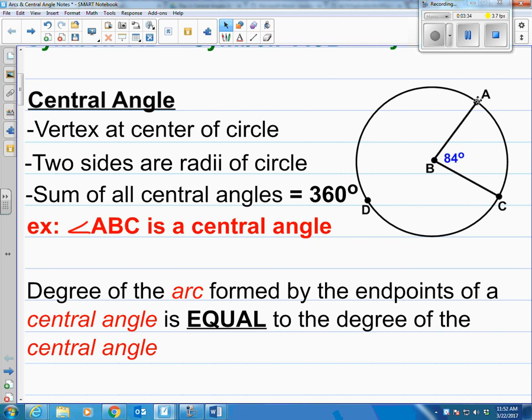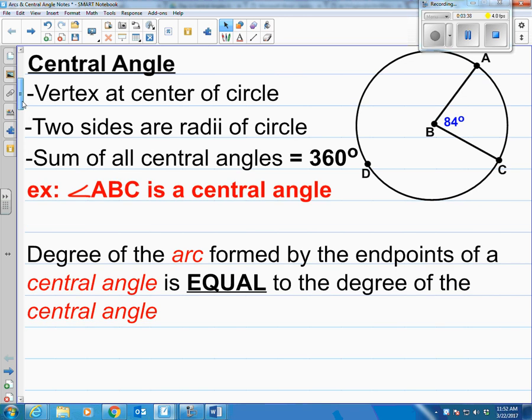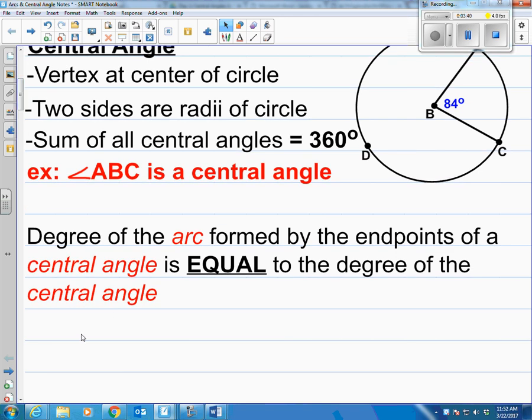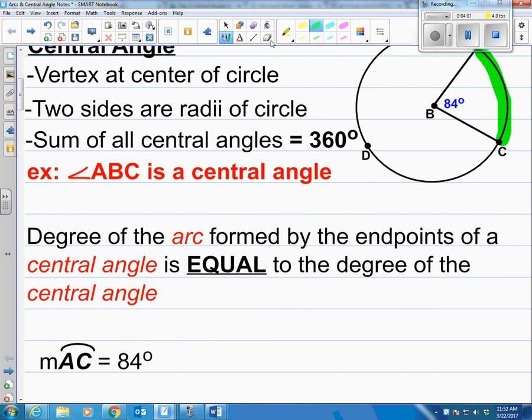That makes arc AC equal to 84 degrees also, because there's the central angle, and that's the arc that is formed by the endpoints of the central angle. So arc AC is equal to 84 degrees.